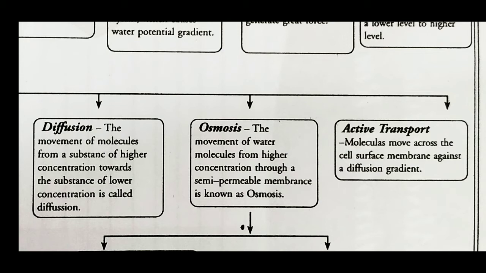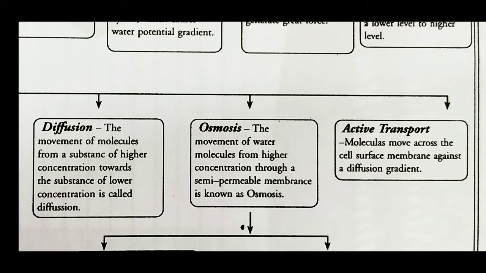But when there is less water, the plant still needs water to absorb, and it needs nutrients. Nutrients present inside the soil are actually low, but they are moved inside through this process which moves against the diffusion gradient, and this is called active transport.